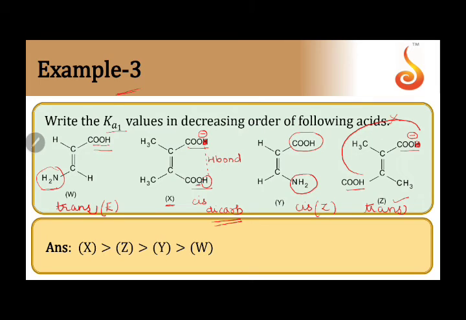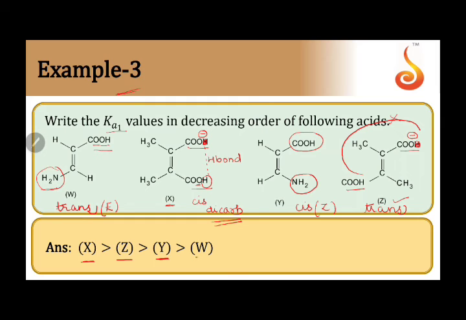Therefore, that stabilization is not occurring there. Hence, we can say that X is more acidic than Z because X is the cis isomer where COOH groups are on the same side and hydrogen bonding is possible on the anion. Z is the trans isomer.